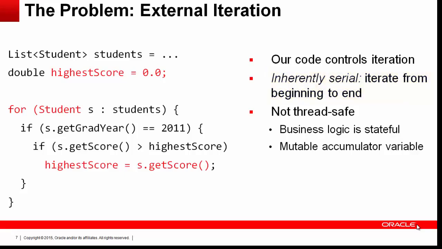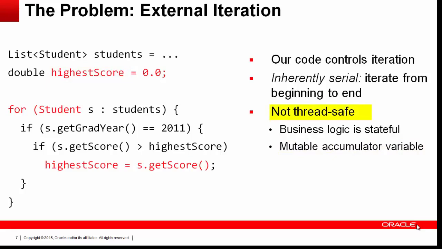The other problem we have is even if we were to rewrite our loop and try and avoid using a loop explicitly, we still have a variable, highest score. And this is mutable state. We're having a variable that we can change, and if we were to have multiple threads, we would still have problems because it's not thread safe.